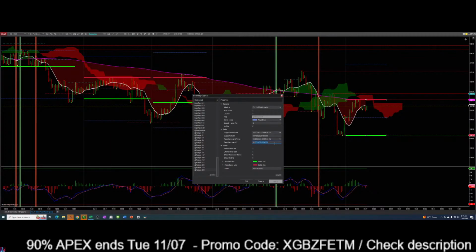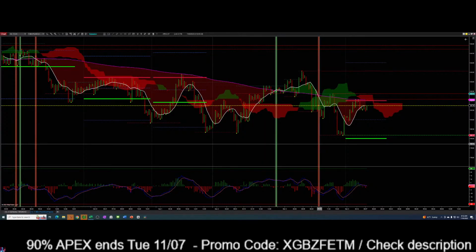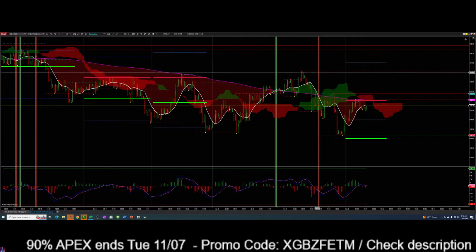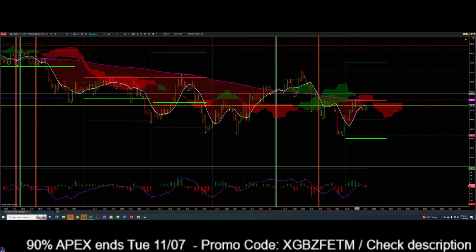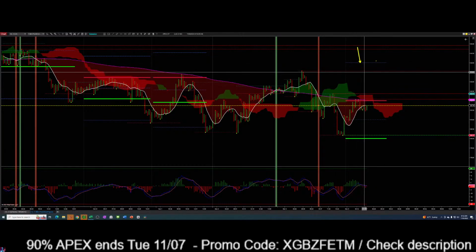And I would say 80. A little bit above 80, but let's leave it at 80. So I would say that we could go higher if it does something like this. They're looking for that resistance over there. And there's a blue line on resistance here as well.